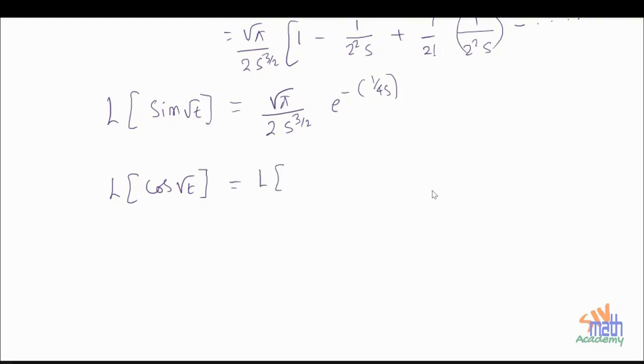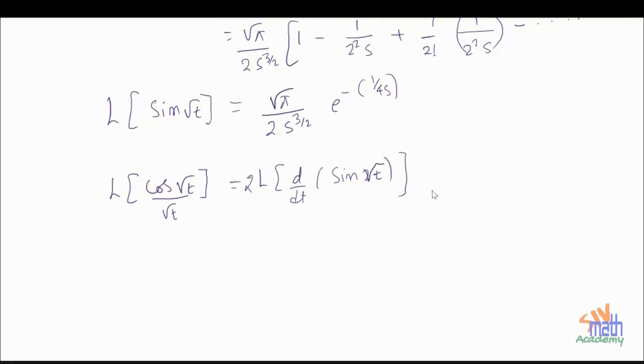It is the derivative of sine root t, basically. You are asked like this. What is the value of this? It is d by dt of sine root t. So what we will get? Cos root t upon 2 root t. So 1 by 2 you can add, so 2 times you can put over here, basically.